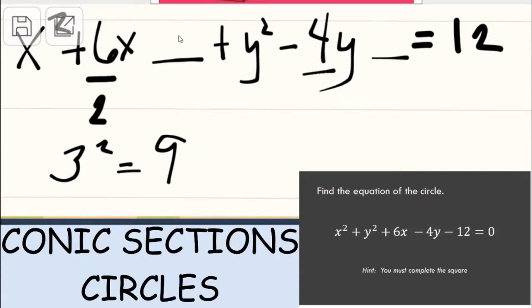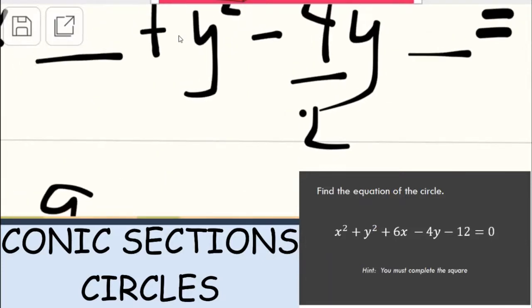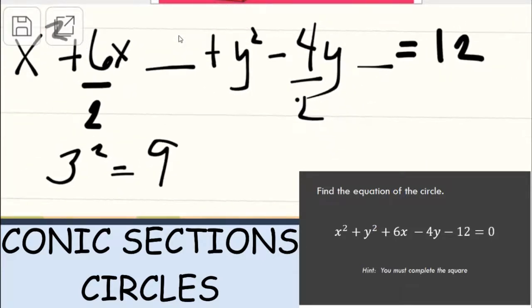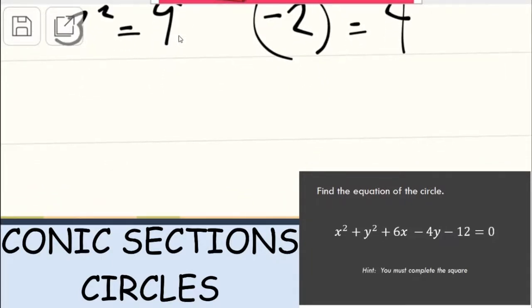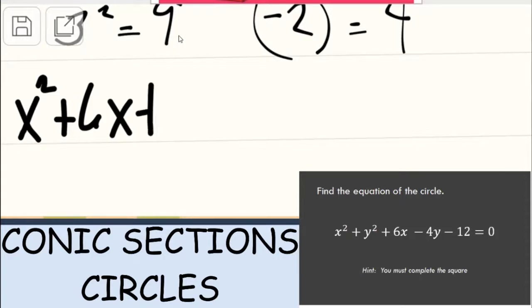So, divided by 2. Negative 4 divided by 2 is negative 2. And then, square natin, and we got 4. So, sulat natin: x squared plus 6x plus 9.